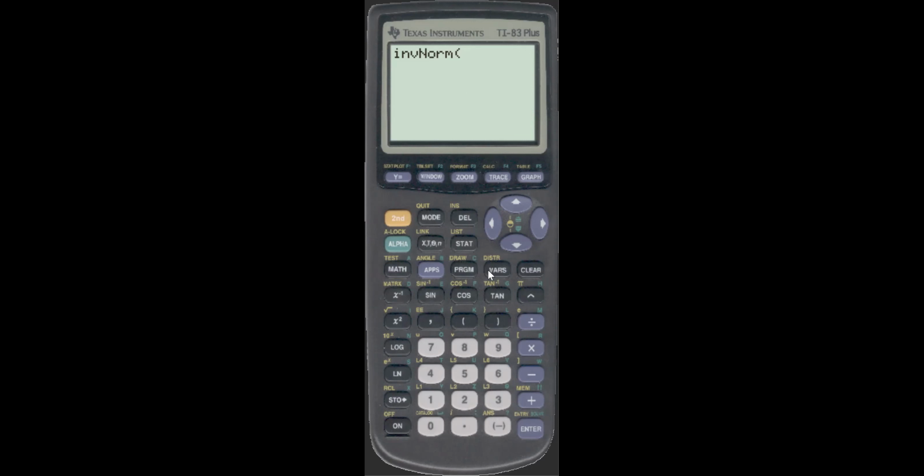Okay, go to second distribution. And then you go down to number 3. Okay. I can look it up. I just have to search. This is area. Okay, so the area is the area in the left tail. So that's the 0.25. What's the next option that it gives you? It gives the mean, which is 0.